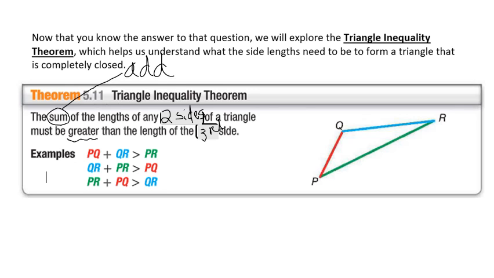So if I add up, for example, PQ, this red one, and QR, this blue one, it has to be bigger than the third side, this green one, which is PR. Or if I pick two other ones, like the blue one, QR, and the green one, PR, that has to be bigger than, when we add them together, PQ, which is the red. And lastly, the green one, PR, plus the red one, PQ, has to be greater than the third side, QR.